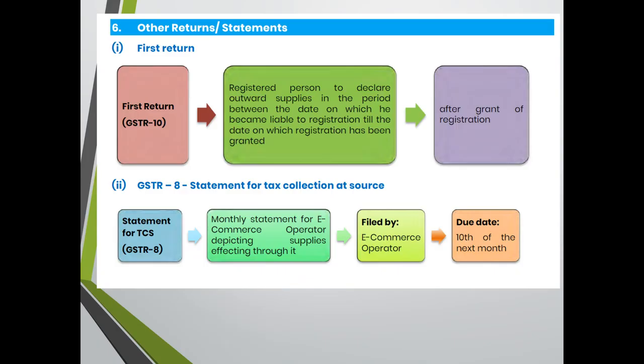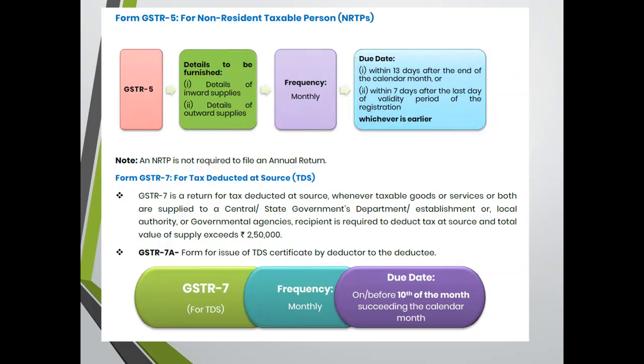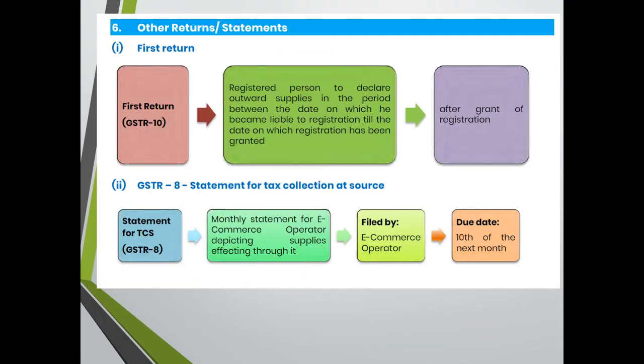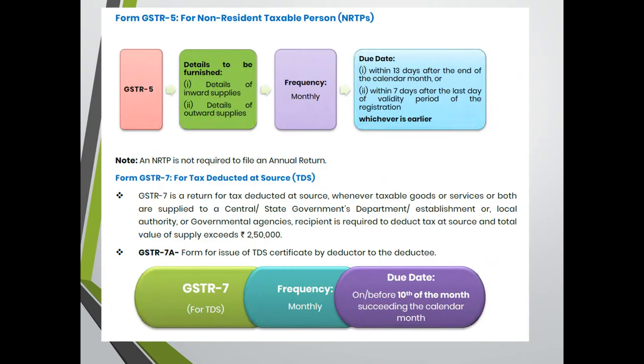Now, other than these, GSTR 5 and 7, I am trying to tell you some miscellaneous forms, before which kindly type this: GSTR 7 TDS return to be submitted before the 10th.